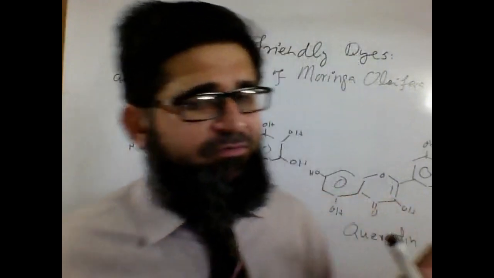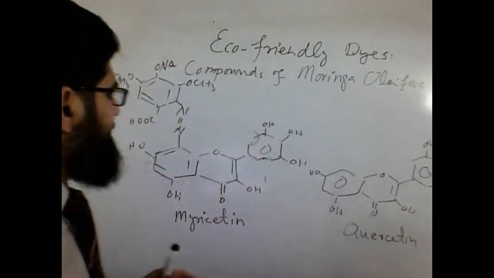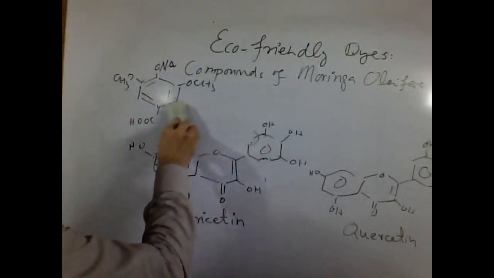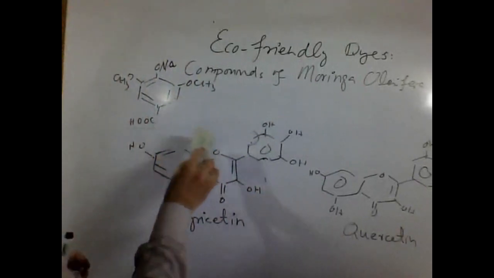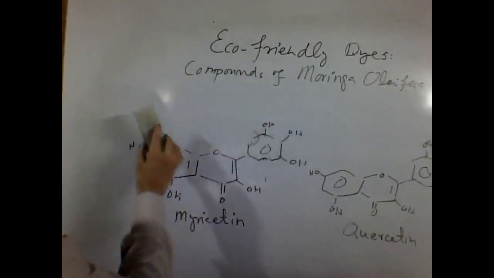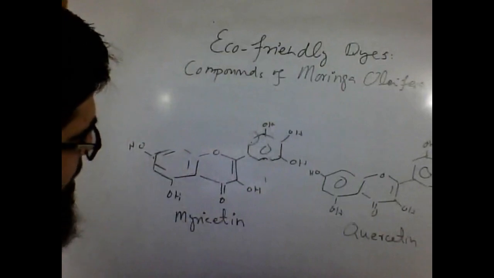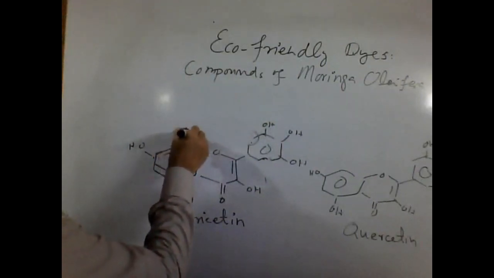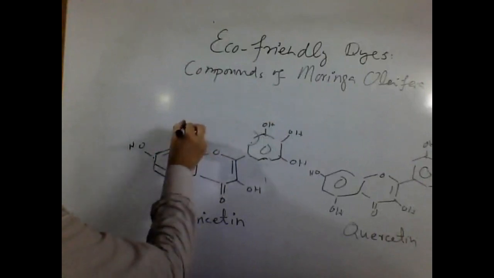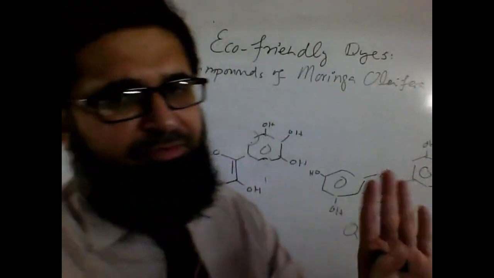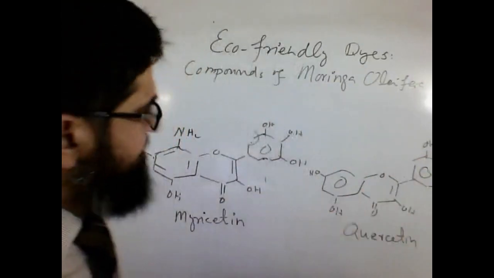You can convert these into non-azo dyes as well. Let's say we have this sort of a compound. We perform nitration, we do reduction, then we do not perform diazotization, we stop here.